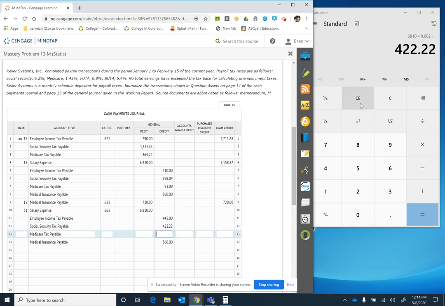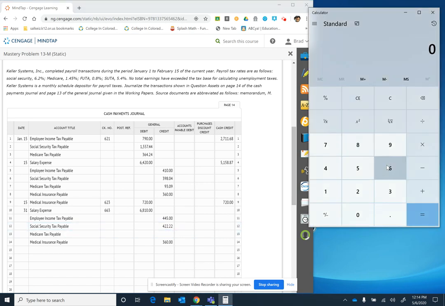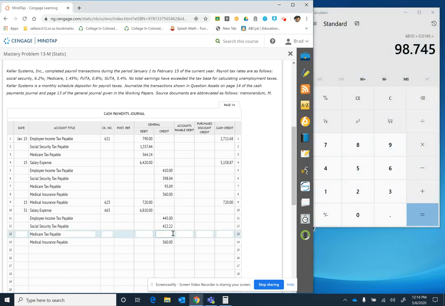We'll have to figure out our Medicare tax payable. So that's going to be $6,810 times 0.0145, which gives us $98.75 because we're going to round that up. $98.75. Great. Now, this is going to be our withholdings.